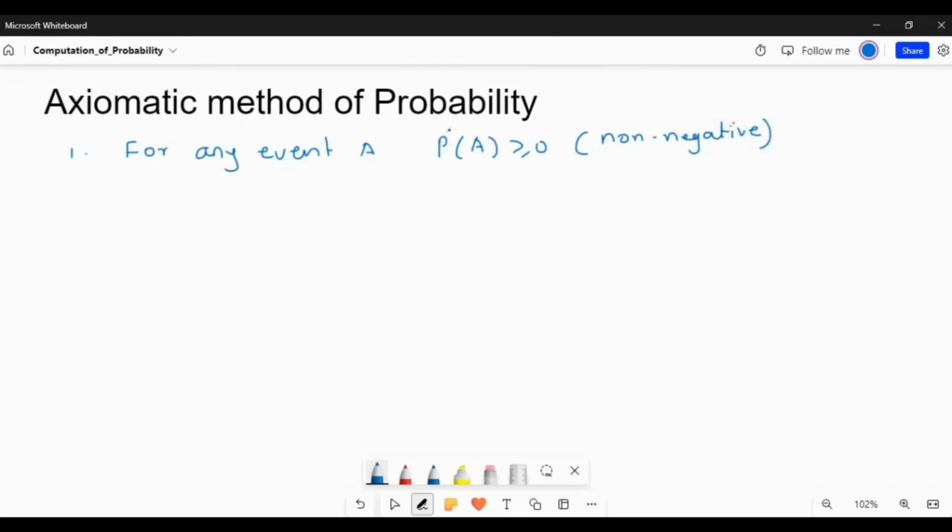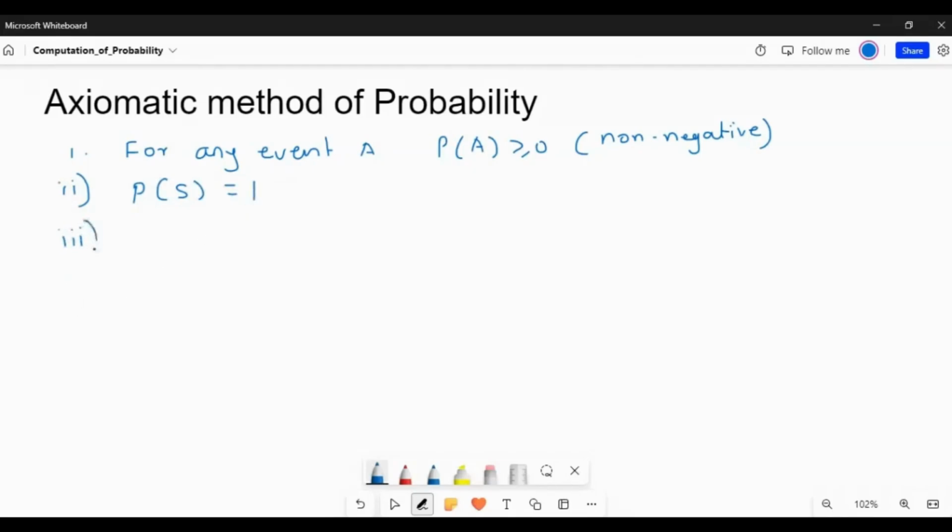Then the second property is that the probability of the sample space is always 1.